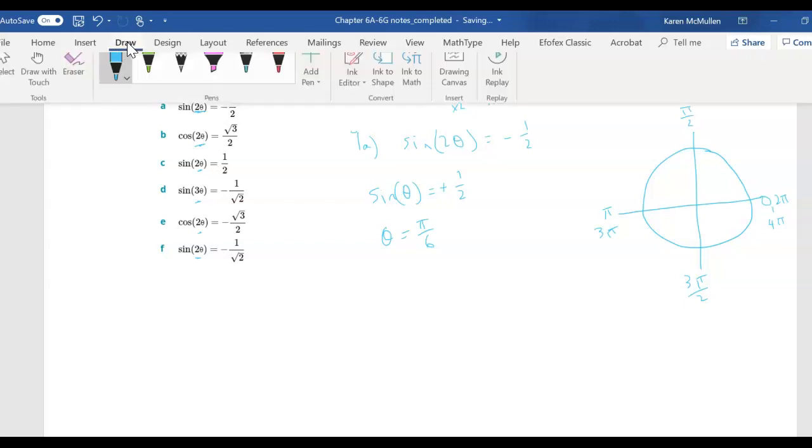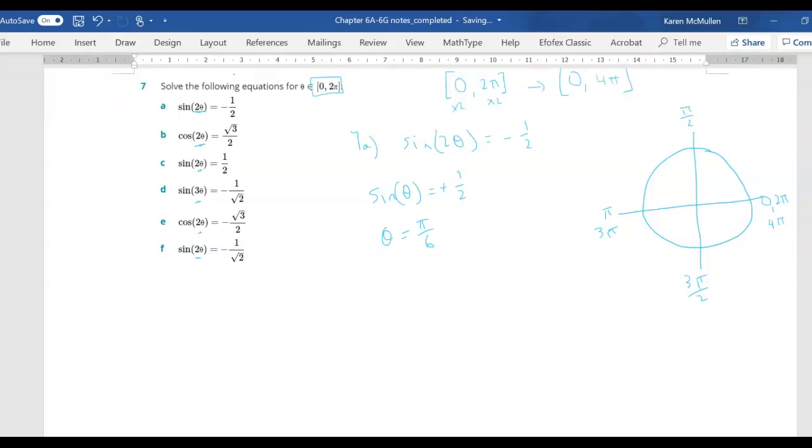All right, I'm going to change colors just because I'm not really feeling this blue. Okay, so we want sine to be negative. So we're looking for the third quadrant and the fourth quadrant. So our first solution is going to be pi plus pi on 6.